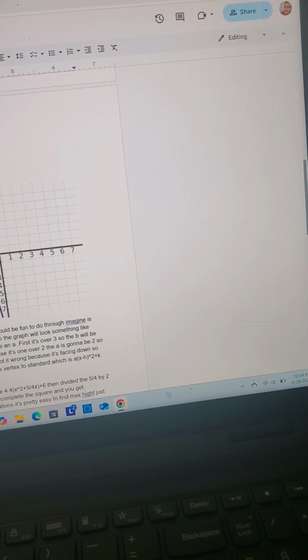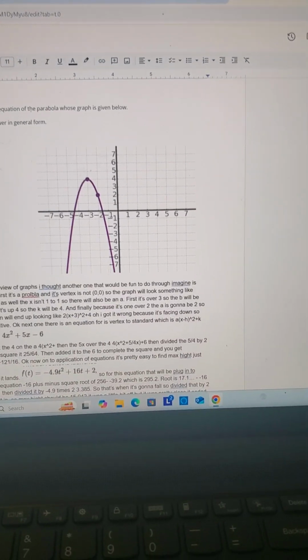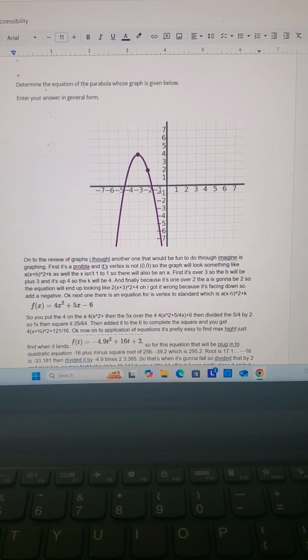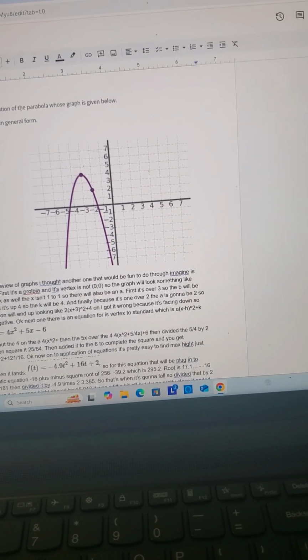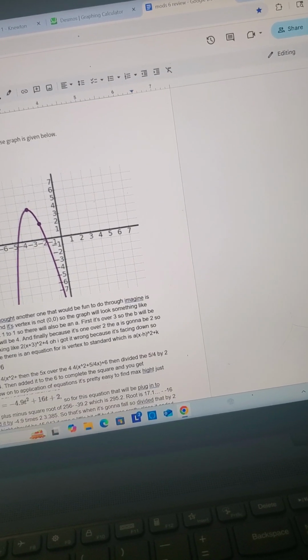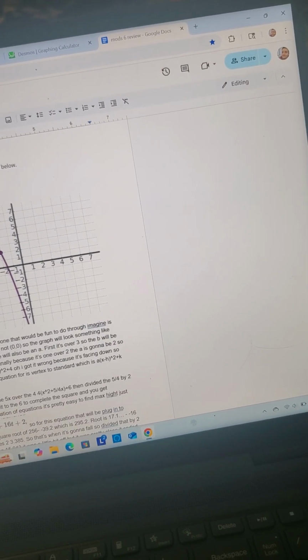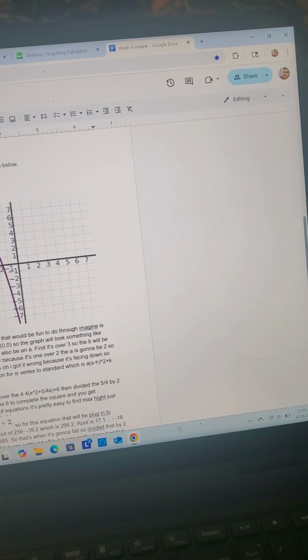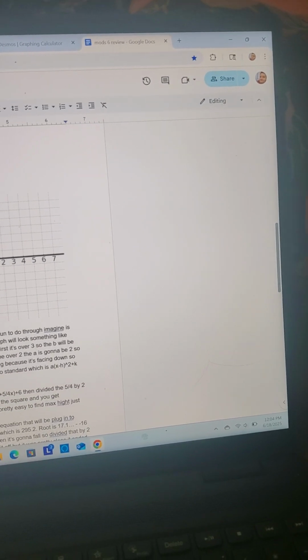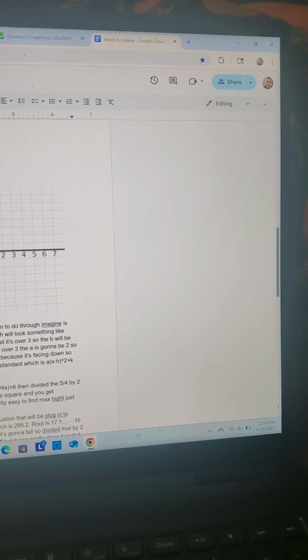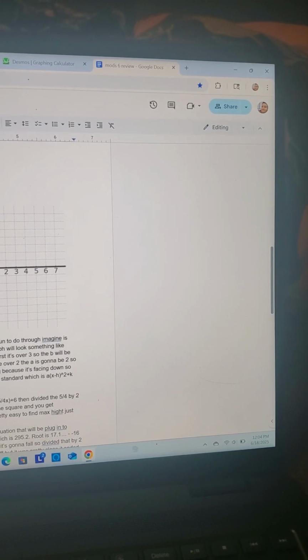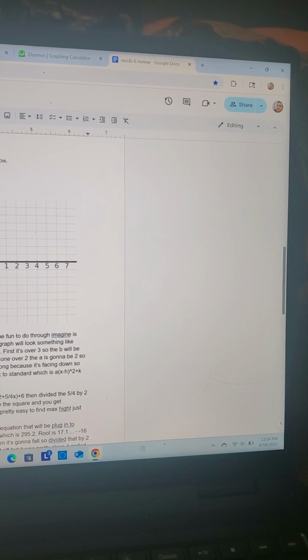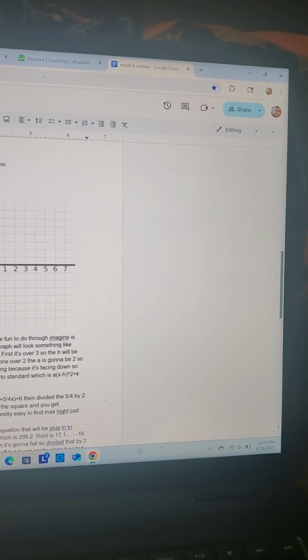I still got another practice equation where I had to write an equation for this graph. First, all you have to do for graphs like these is you find the vertex, which is, so that's x plus 3, and then plus 4.